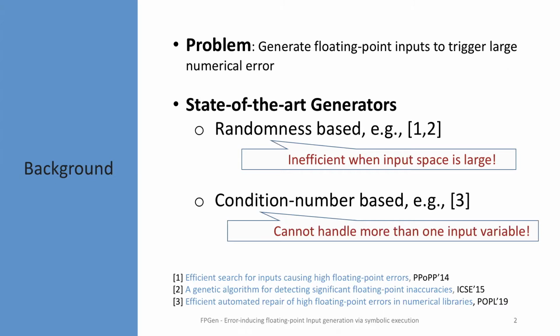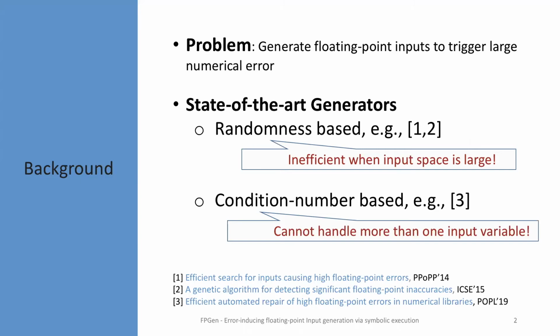In the second category, the input generators are condition number based. They treat the program as a function on an input variable x, and they compute the condition number of the function with regard to x to identify error-inducing inputs.